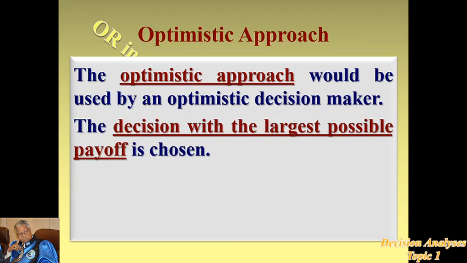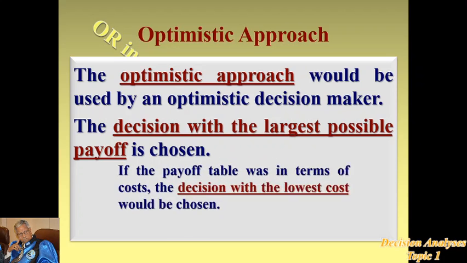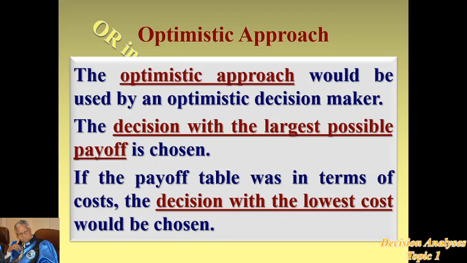The optimistic decision maker will select the decision which yields him the largest possible profit, or the lowest possible cost. If the payoff table is in terms of cost, the decision with the lowest cost would be chosen.